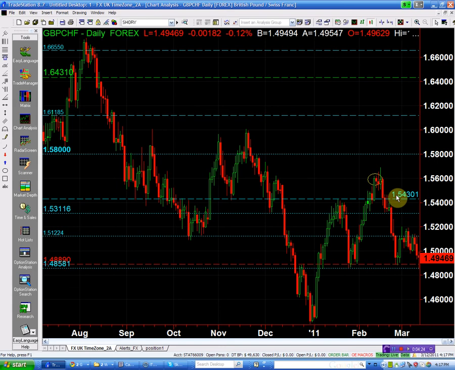These are levels of importance, levels of strength, and they are identified on the chart purely based on the price action and the structure of the chart.